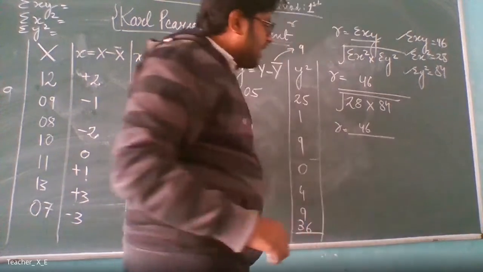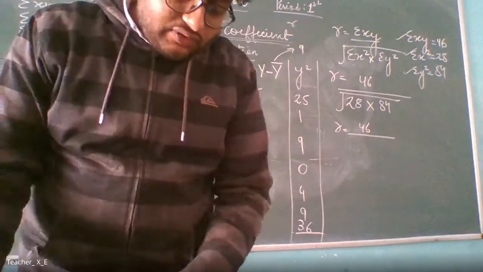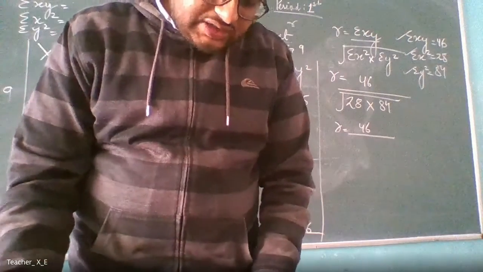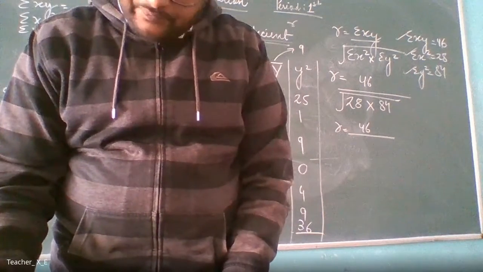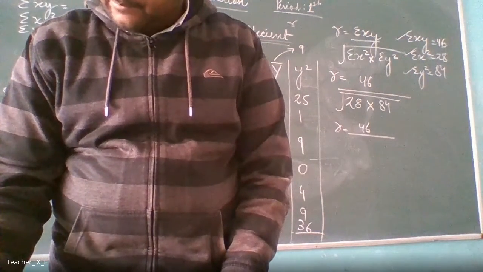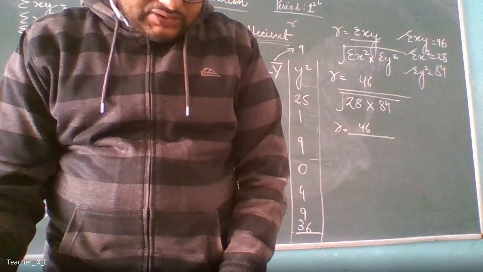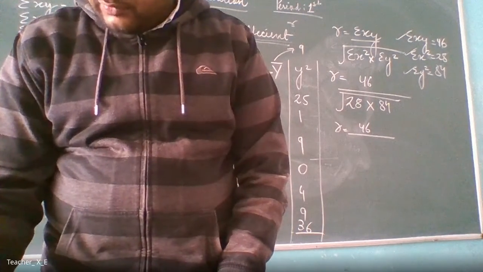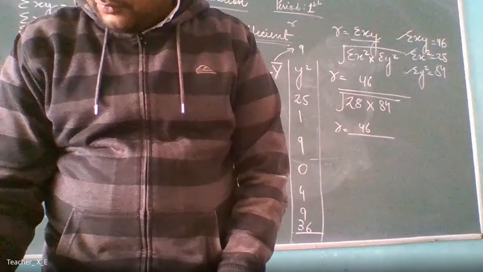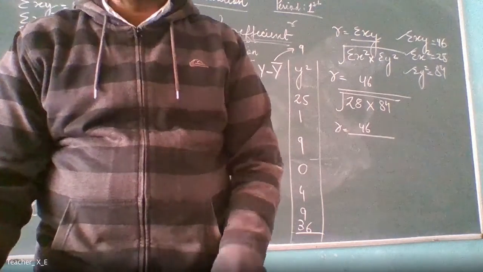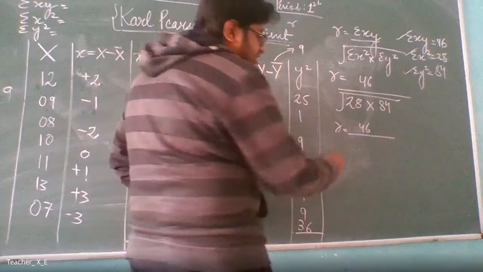By multiplying 28 and 84, what are we getting, students? Please calculate it, everyone. We get 2352. Is it right?